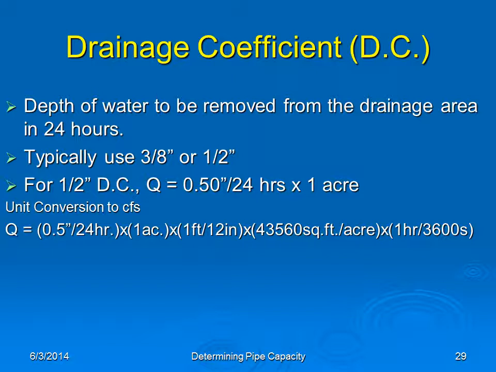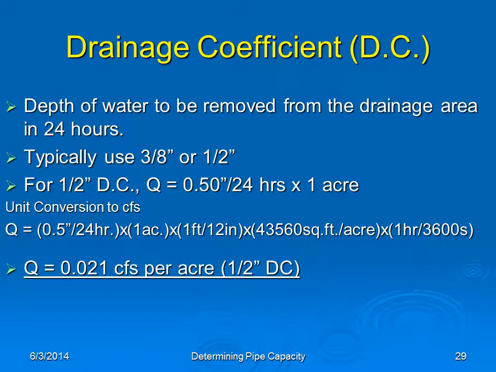So we can put in 0.5 inches divided by 24 hours and put in the conversion factors to convert this to CFS. And we'll find that the capacity needed to drain 1 acre at a 1/2 inch drainage coefficient is 0.021 CFS per acre.